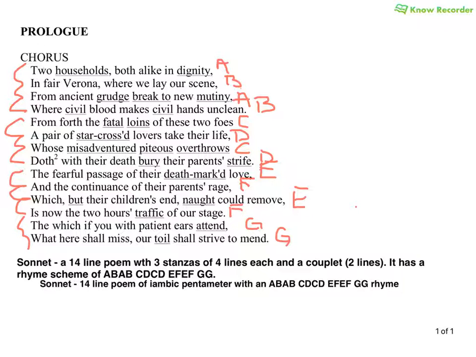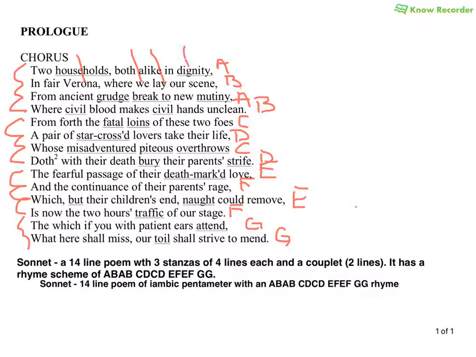So I'm going to be counting 2 syllables and break. There's my "two house." We've got 2 syllables there. "Holds, both," there are my 2 syllables. "Alike," 2 syllables in that one word.